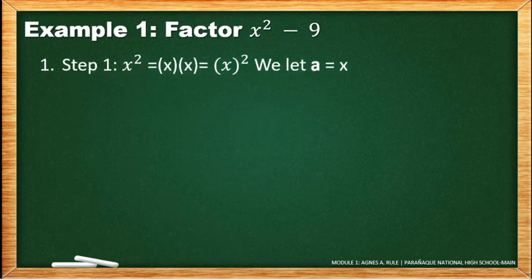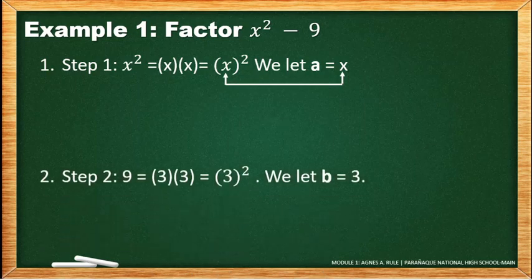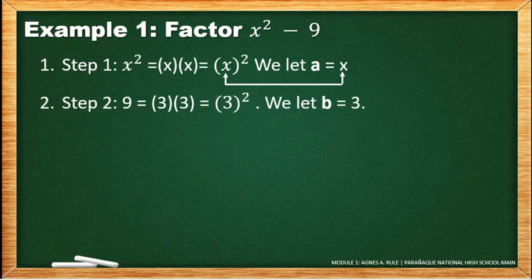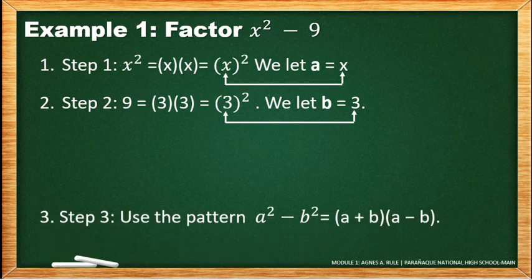So, step 1. X squared is equal to x times x or open and close parenthesis x squared. So, we need to let A, x. Kung ano yung nasa loob ng parenthesis. Step number 2. 9 is equal to 3 times 3 or 3 squared. We let B is equal to 3. Anong nasa loob ng parenthesis? 3. So, therefore, gamitin na natin yung pattern.